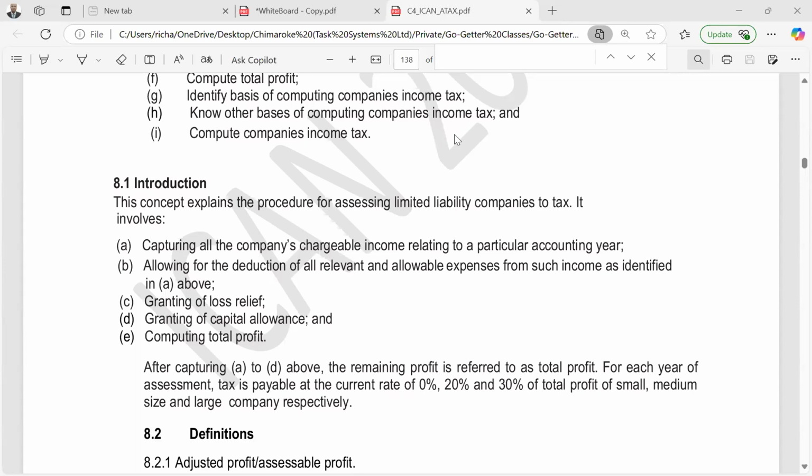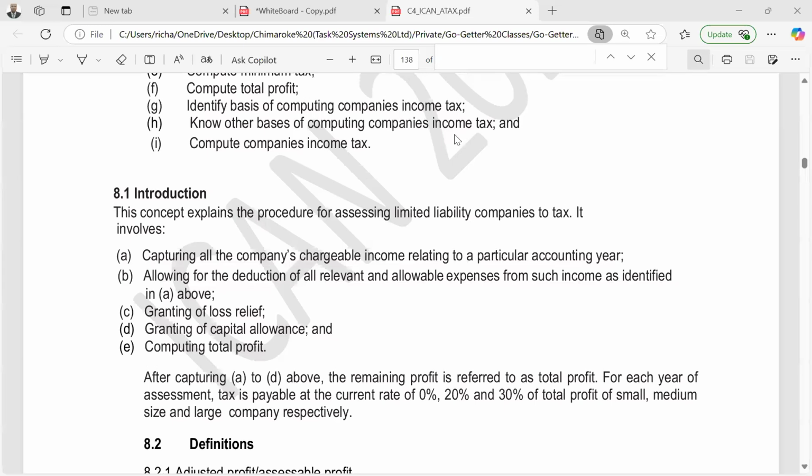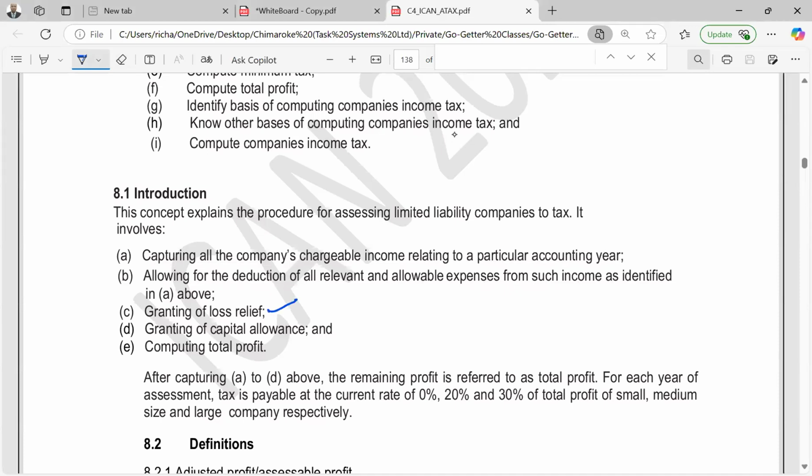So you see here what is being granted first. After you've got your assessable profit, you grant loss first. Loss before capital allowance.